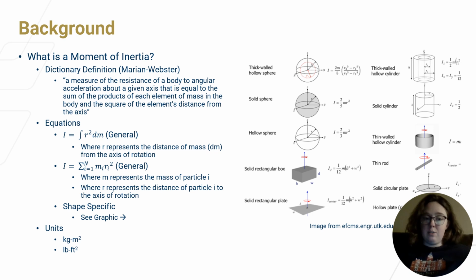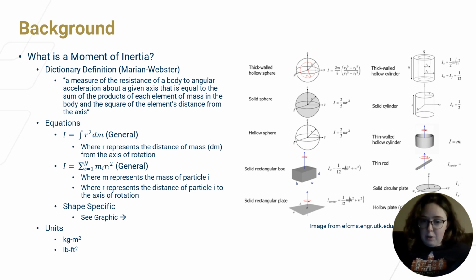I provided you some general equations here where our moment of inertia is essentially equal to our mass times our distance squared, distance to the axis of rotation. I've got it in the integral form, and then also the summation form. I've also provided some shape-specific calculations for moment of inertia because your moment of inertia is heavily dependent on your center of mass, which varies on what shape you're dealing with.